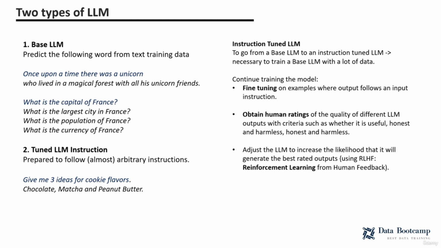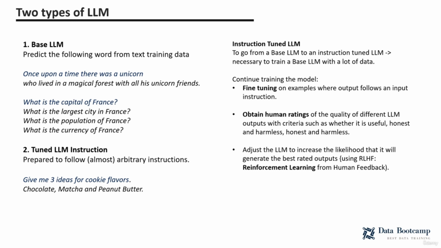To transform the base large language model into an instruction following optimized model, we need to train it with significantly more data. Firstly, we proceed with the fine-tuning. This involves providing a series of examples where the desired output follows a given instruction.